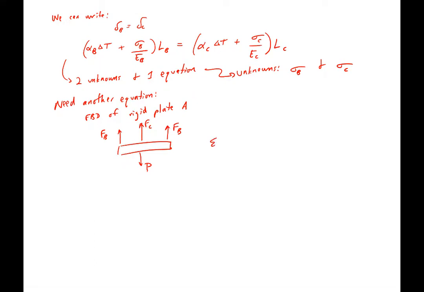If we do the summation of our forces in the y direction, we're going to have minus P plus FC plus 2FB. We can then rewrite that like 2 times sigma B times A, that's the cross-sectional area of that bar, plus sigma C times A equals P.